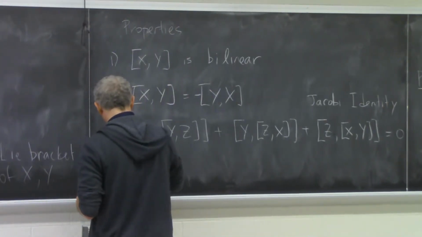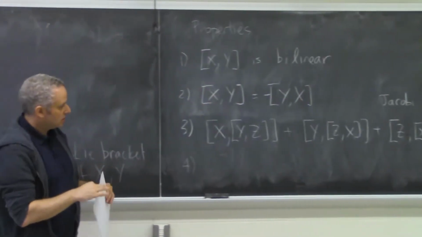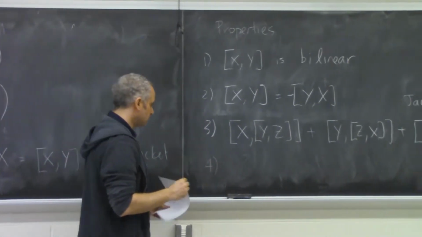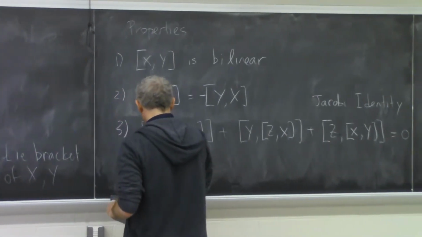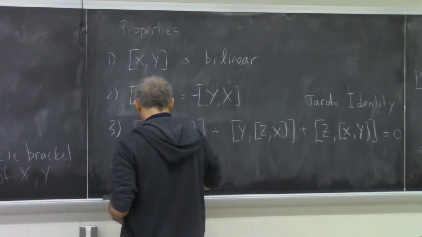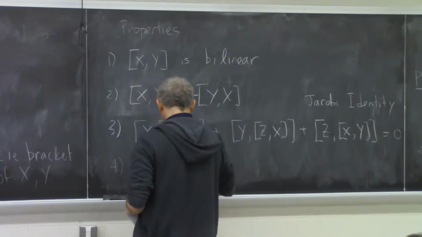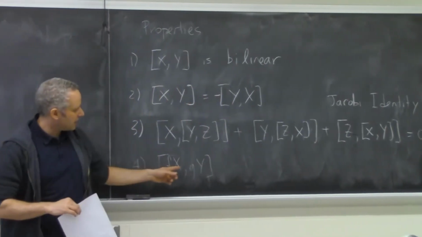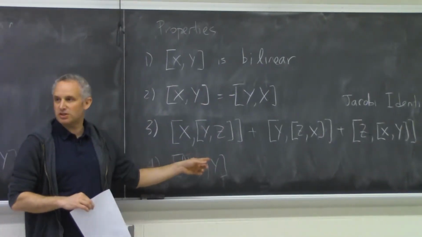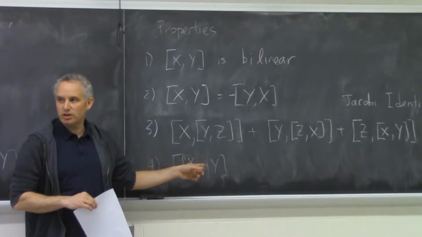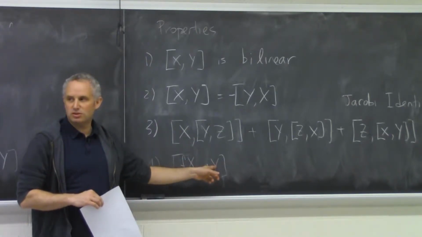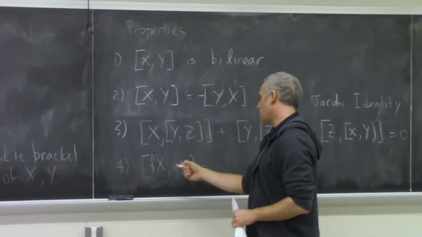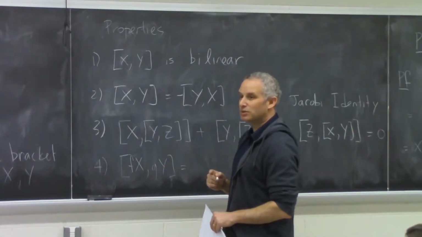And then the fourth property worth mentioning, which follows from the definition and the fact that all these things satisfy the product rule, is that, well, we get the following formula. Given two vector fields x and y, we can multiply each by functions to get new vector fields. OK? So this is a new vector field. This is a new vector field. And we want to know, so can we take f and g out?